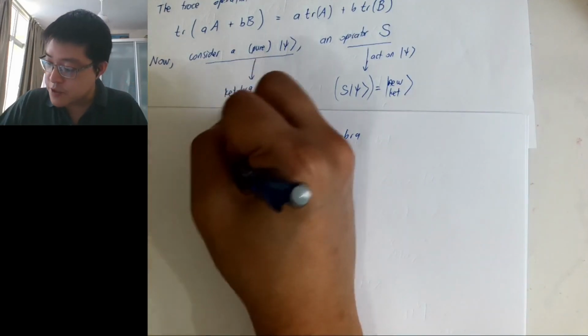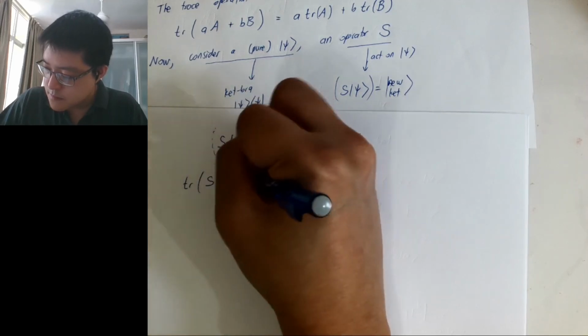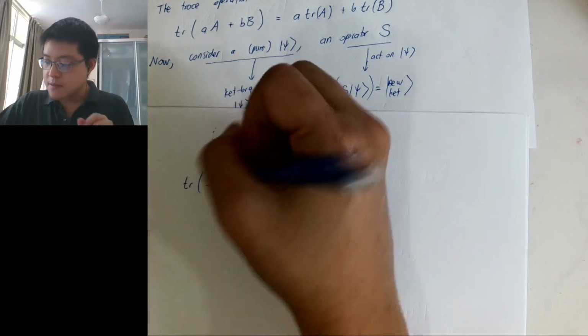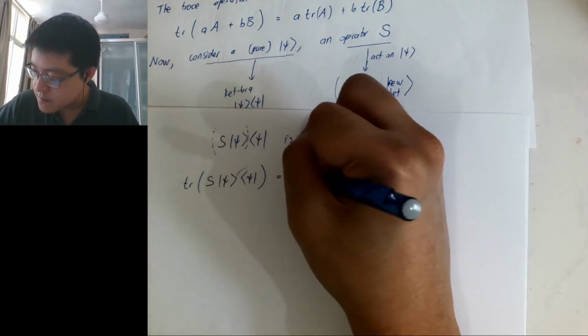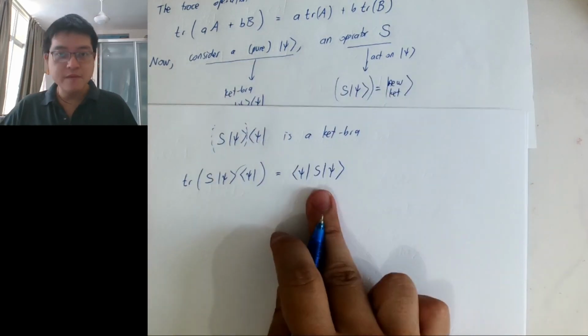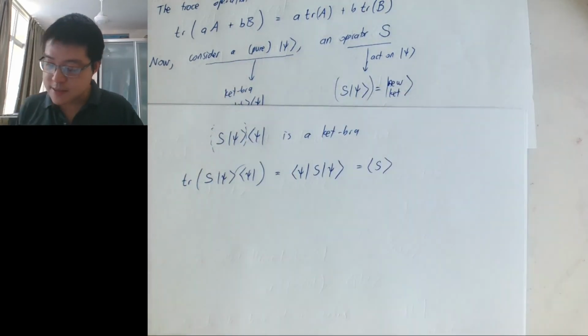And then let's take the trace of this. By the rules of the ket bra, I move this and then take the inner product. And what have we found? This is actually the expectation value of my operator S.